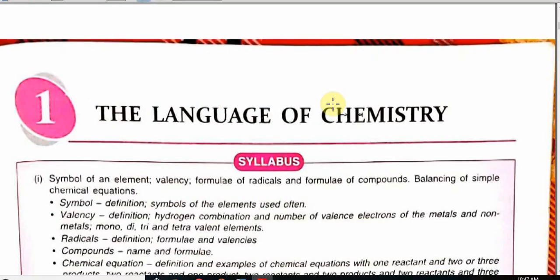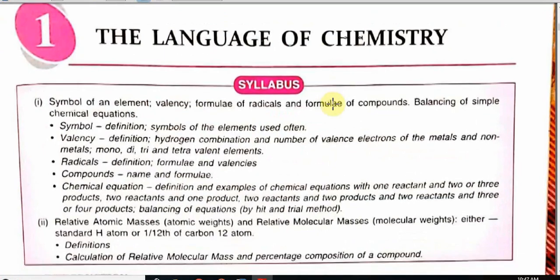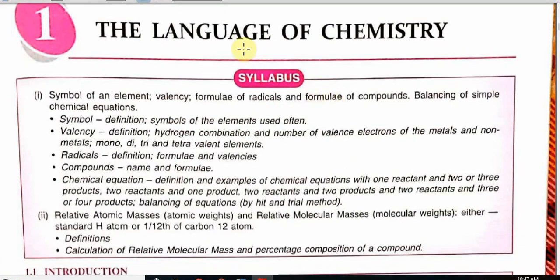So, students, we will go directly to the chapter, and as I am pointing, the cursor will be painted in yellow color. So let's check the syllabus of chapter 1, the language of chemistry.